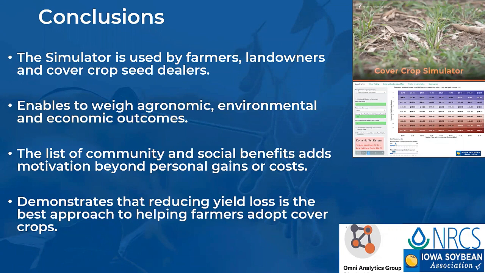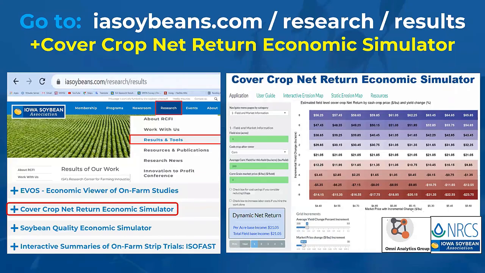Another unique feature is that it also allows us to focus on community or societal benefits, which is quite unique and allows people to think more about the economics. And finally, it demonstrates that yield loss is not the best approach to help farmers adopt cover crops; we should focus on economics and management.